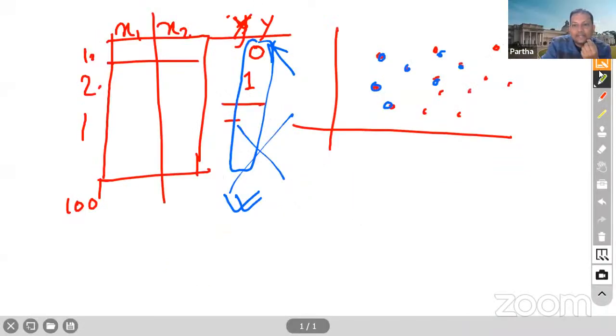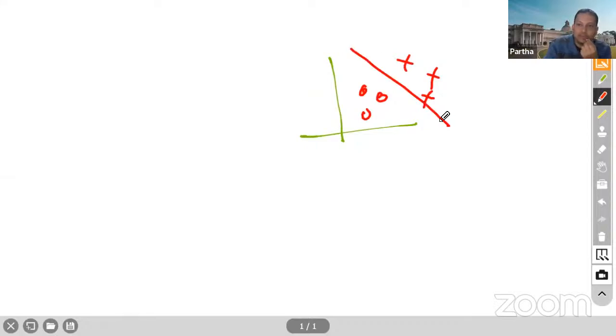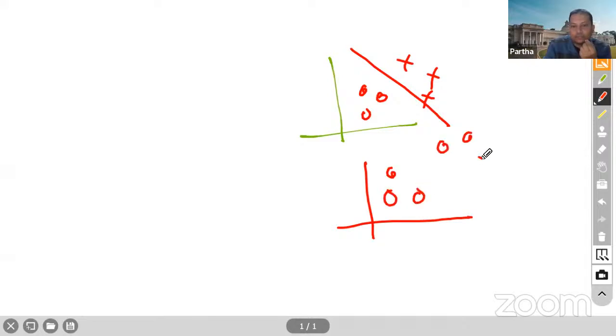If the data are classifiable by a linear line, then a single perceptron is enough. If your data is, for example, like this, then a single perceptron is enough. If the data is something like that, then it is difficult to classify with a single line.